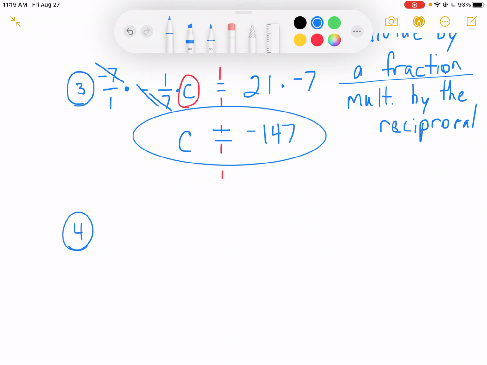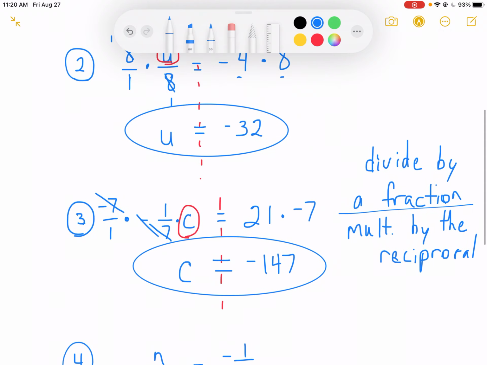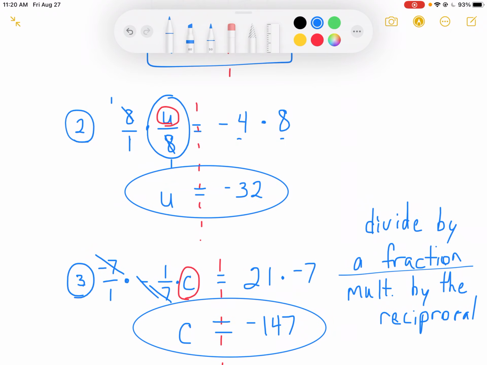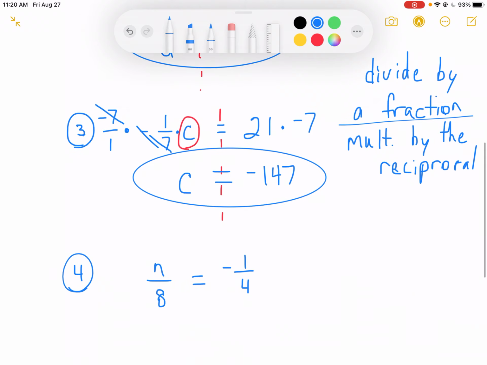All right, what else do we have here? This is going to look a lot like what we've been saying, but it's just enough different that I thought we should still cover it. So I have n over 8 equals another fraction. Up above, we had a similar situation, but it was equal to an integer.